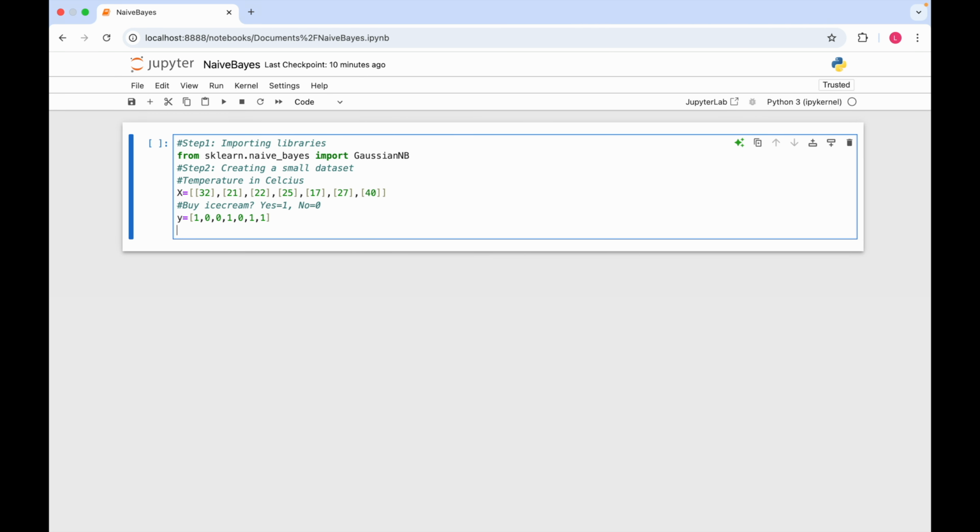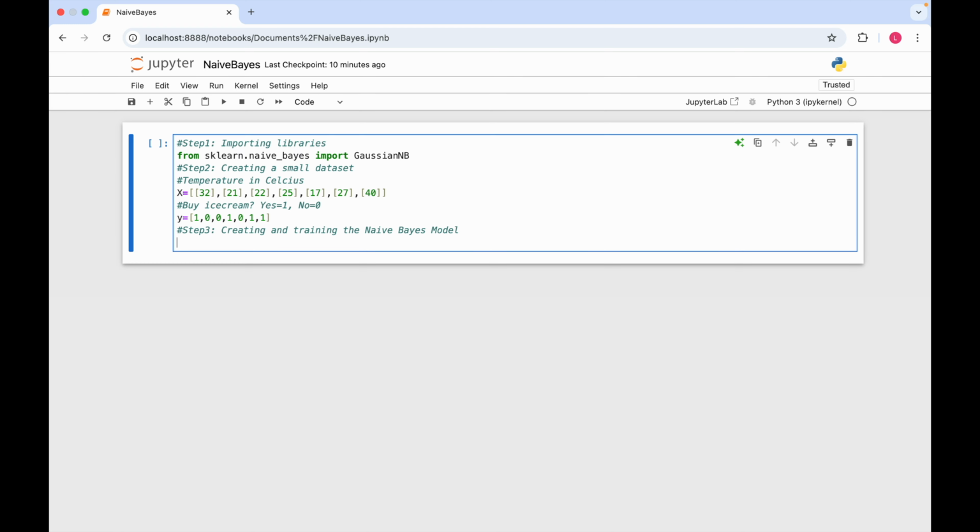Next step is to create and train the model. So step 3, creating and training the naive-Bayes model.